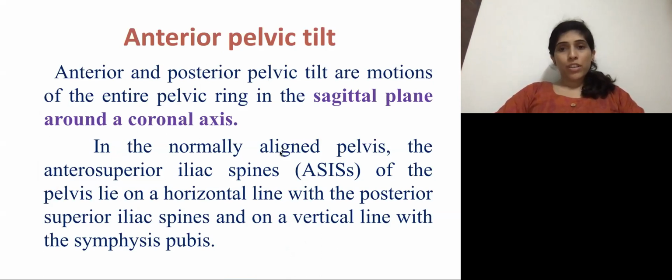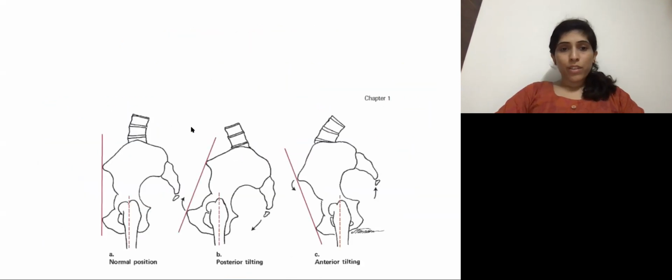Anterior and posterior pelvic tilt are motions of the entire pelvic ring, which occur in the sagittal plane and around the coronal axis. Normally, whenever we examine the pelvis, the ASIS will be in the same line with the PSIS, whereas vertically it lies just near the pubic symphysis.